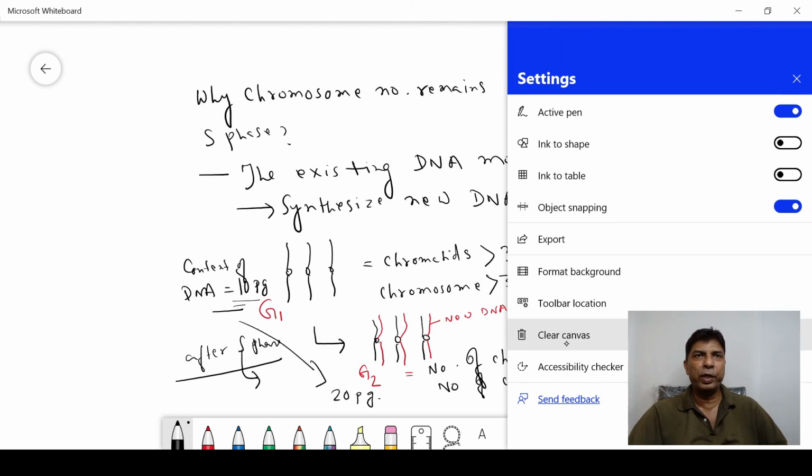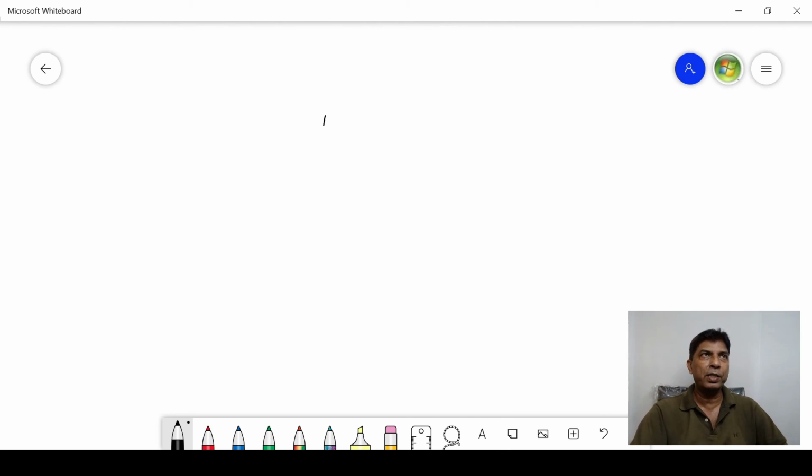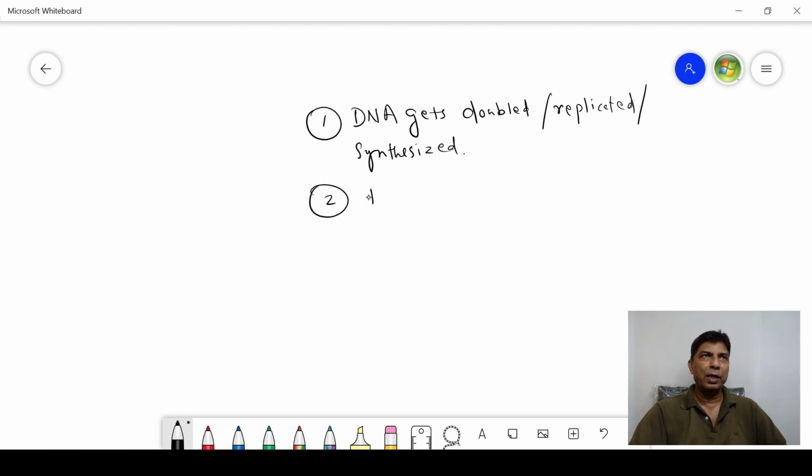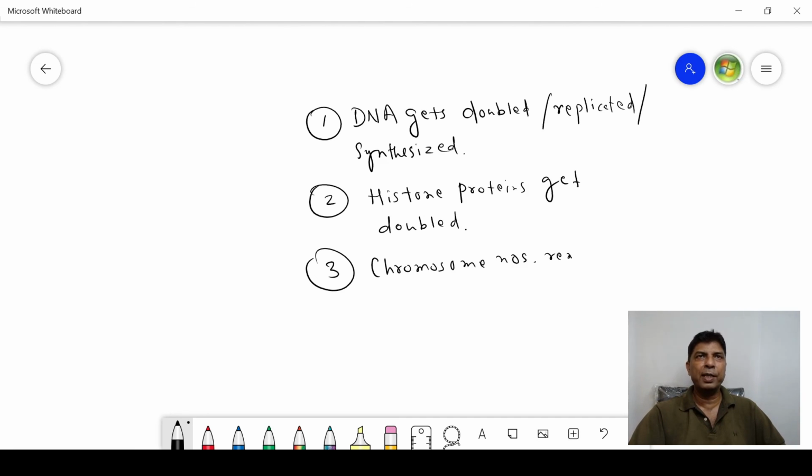What we have learned today, let us sum up. First, DNA gets doubled or replicated or synthesized. Secondly, histone proteins get doubled. Number 3, chromosome numbers remain the same.